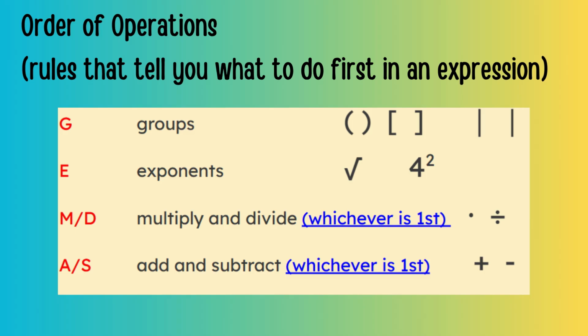And then you would solve the exponents in the problem, and the next order would be any multiplication or division, whichever comes first, and then you would solve any addition or subtraction in the problem, whichever comes first. This takes some practice, but once you get the hang of it, it's not so bad.